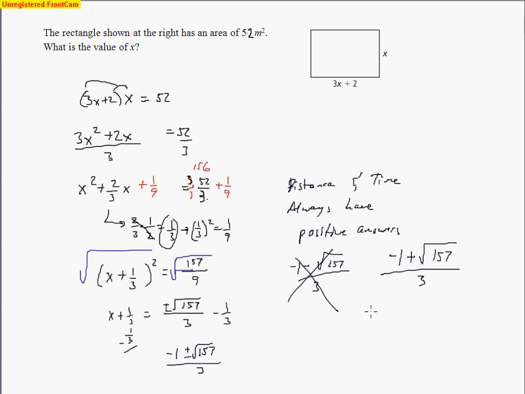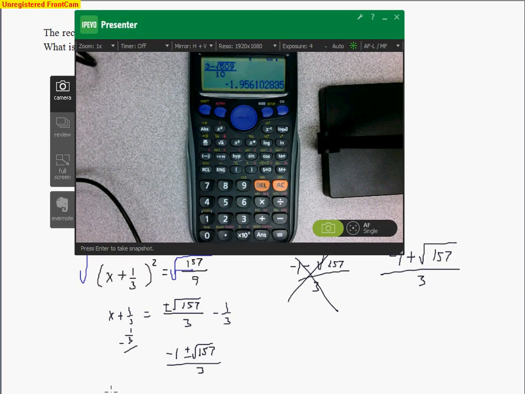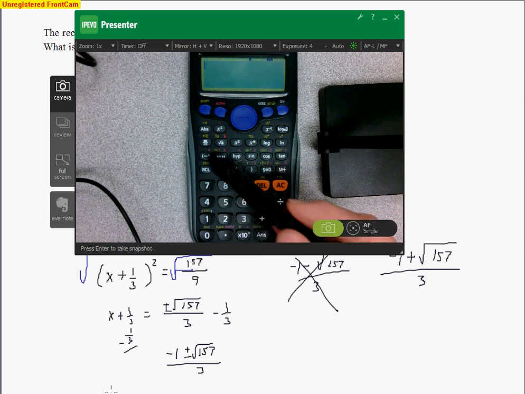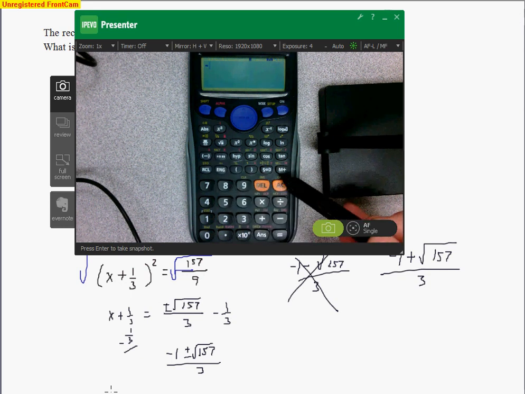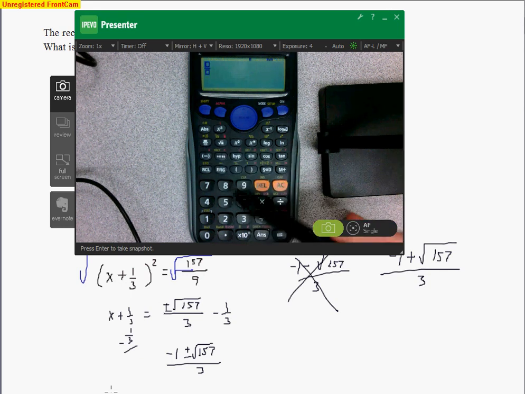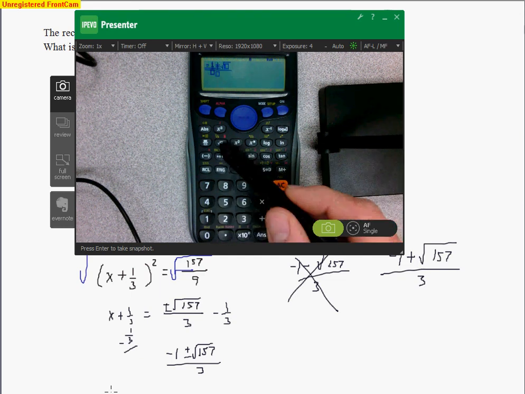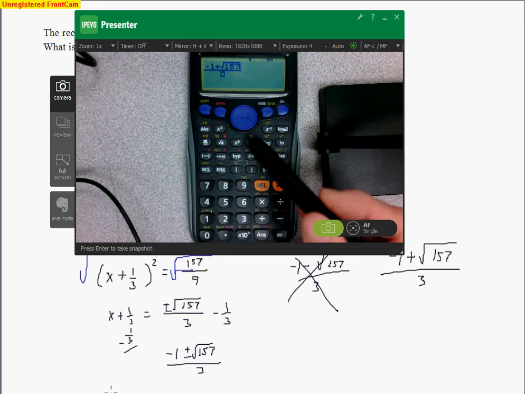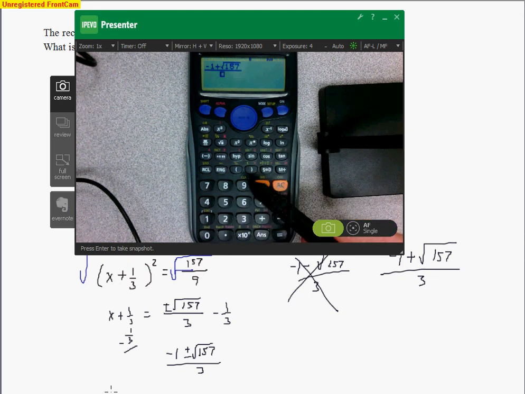So let's figure out what that is. Let's go ahead and use the calculator. And I've got -1. So let's get the fraction button up there. So fraction, -1, and then plus the square root of 157. And then I'll scroll down and enter a 3. And then I'll press equals.